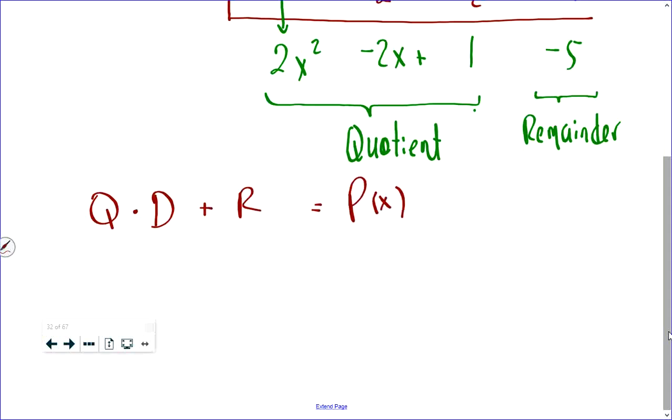If I have a choice, I don't like using polynomial over divisor equals quotient plus remainder over divisor. Well, let's do that. The quotient is 2x squared minus 2x plus 1. We need to multiply that by the divisor of x minus 1, and then we need to add the negative 5.